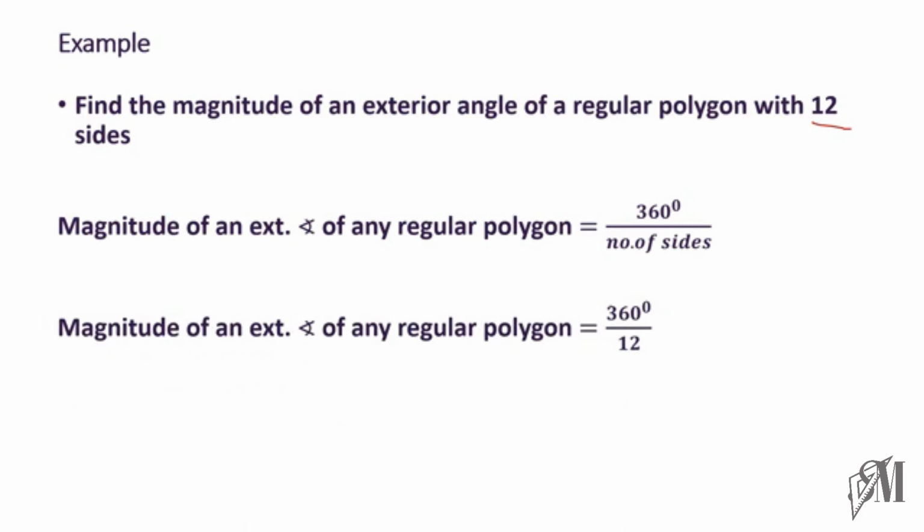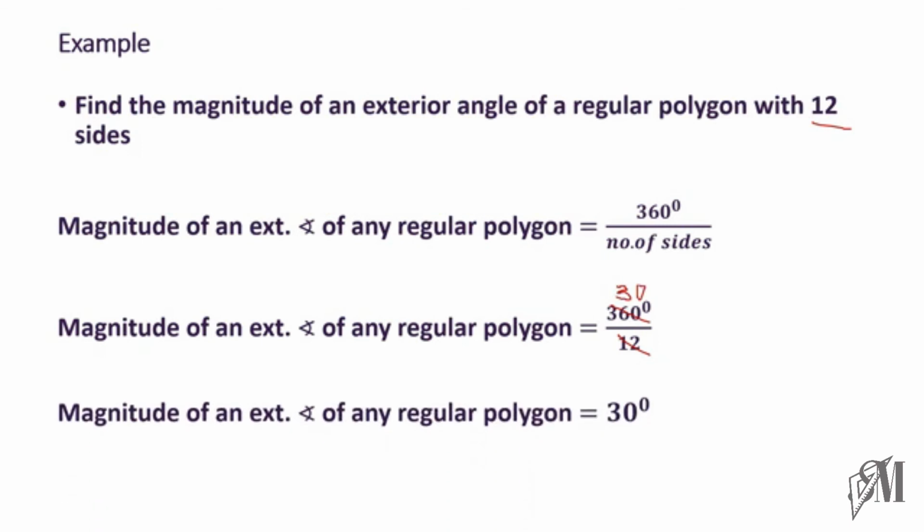And 360 and 12 can be cancelled. In 36, you have 3 twelves and this 0 we write as it is. So the answer becomes 30 degrees. So this is how you find out the magnitude of an exterior angle of a regular polygon. You should remember this can be applied only to regular polygons.